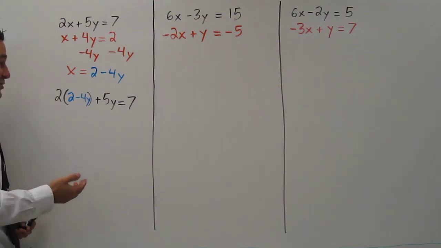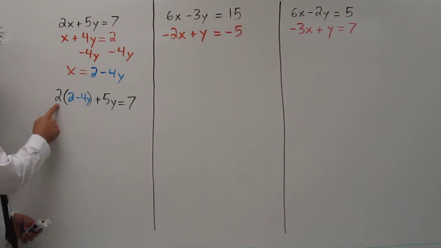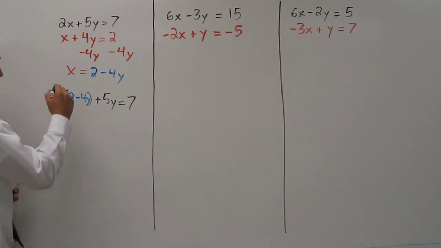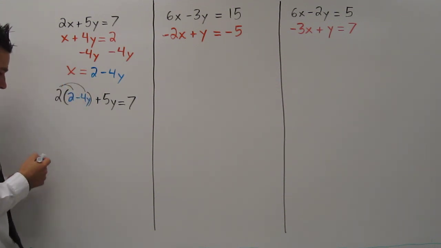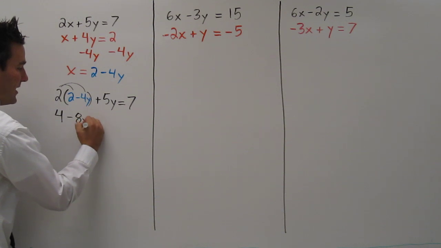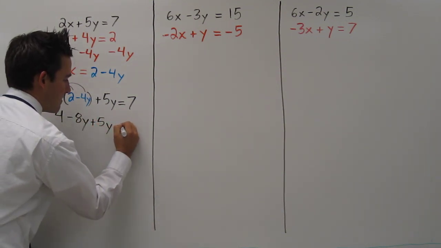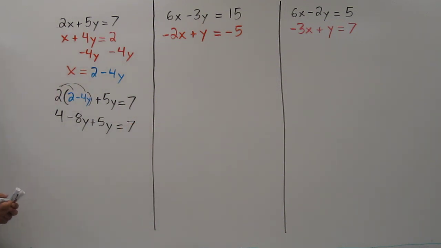Now what's neat about this equation is it no longer has x in it. We can now solve for y. To do that, we're going to need to distribute the 2. So we have 4 minus 8y plus 5y equals 7.